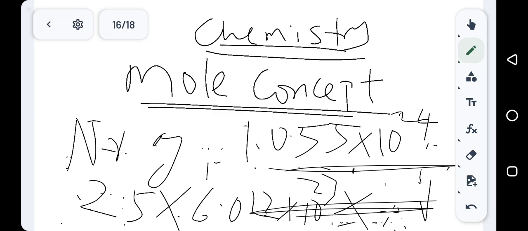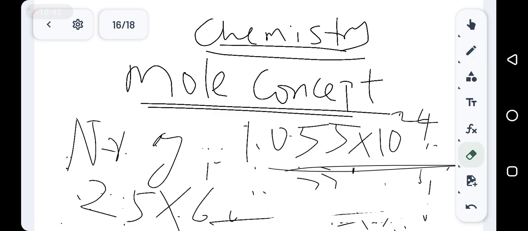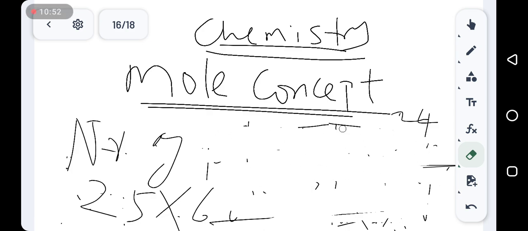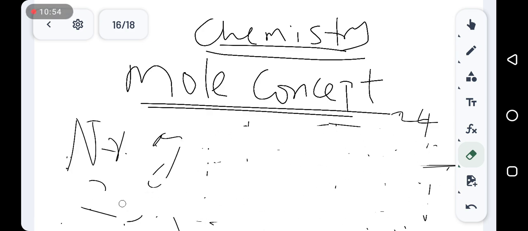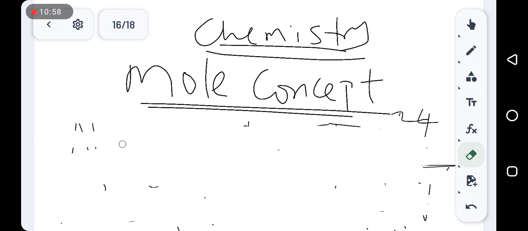In this second example, we have: calculate the number of moles in 3.01 times 10 raised to power 24 particles of sodium chloride. Here, instead of giving us moles, we are given the number of particles, and we are asked to calculate the moles.